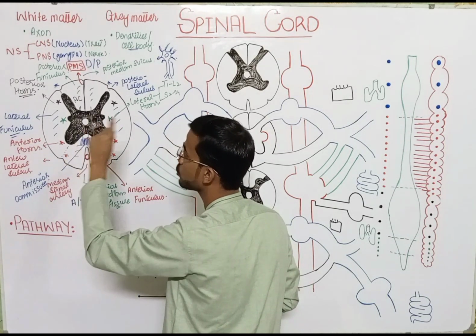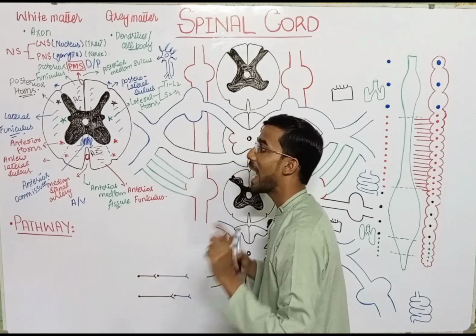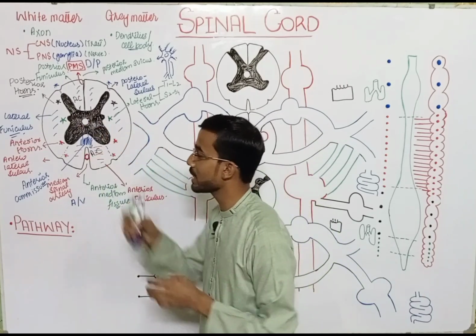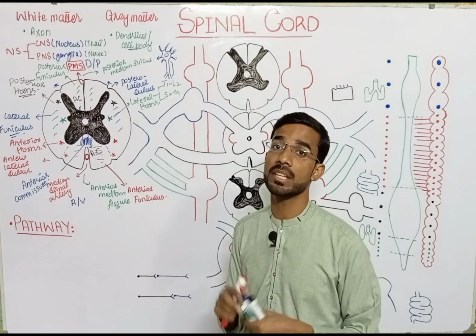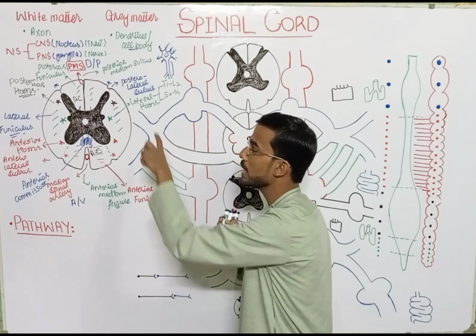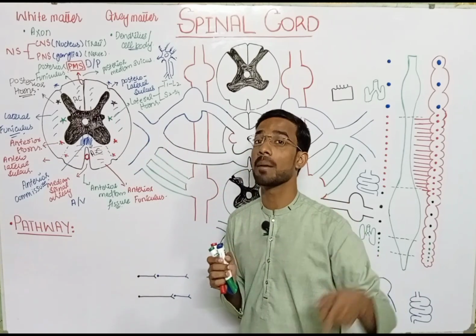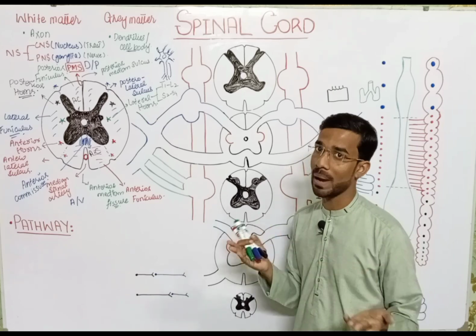And last, at the center you see the central canal, in which you will see the cerebrospinal fluid. This canal is surrounded by ependymal cells. These are the basic structures of the spinal cord.